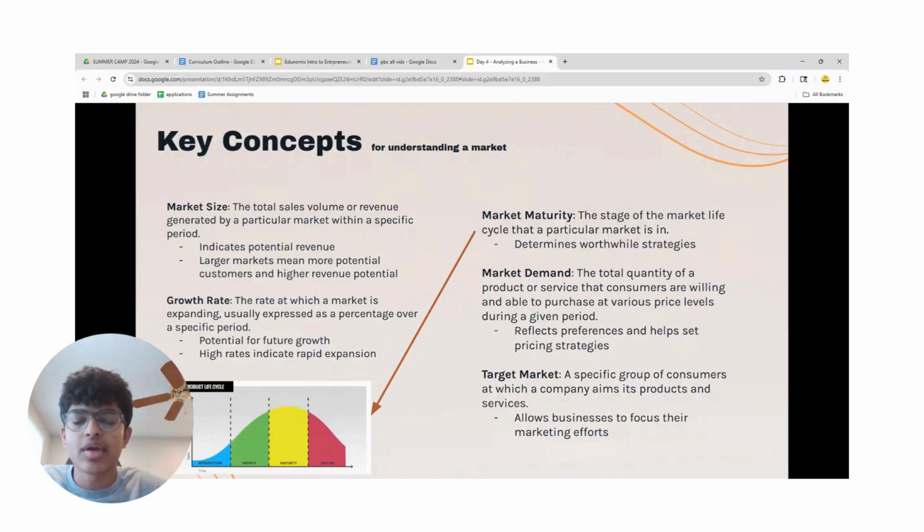So, before I even get into the slides, I think the most common thing to know is TAM SAM. These are just terms: total addressable market, serviceable addressable market, and then serviceable obtainable market. Really, that is just the market size and the portion of the market that you plan to target.